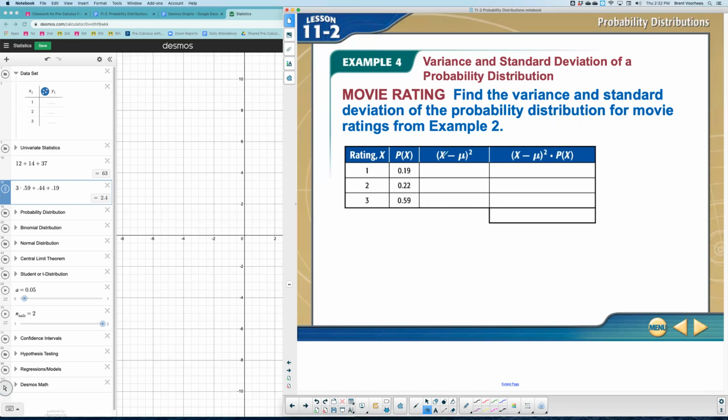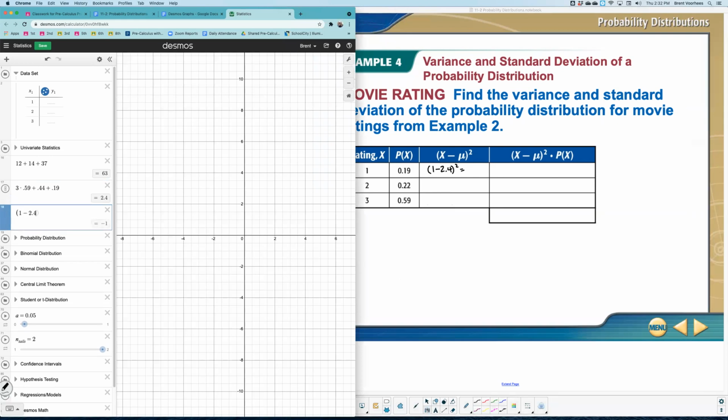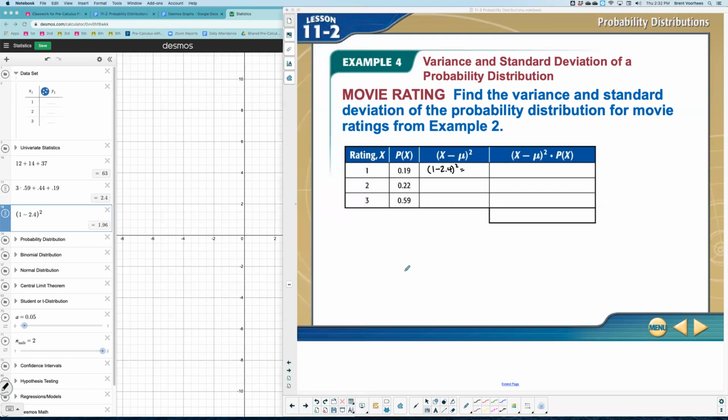So I take 1 and I'm going to minus 2.4 and then square that value. So I have 1 minus 2.4 and I square that. I get 1.96.